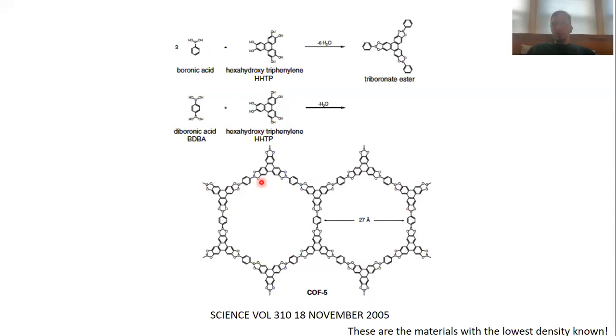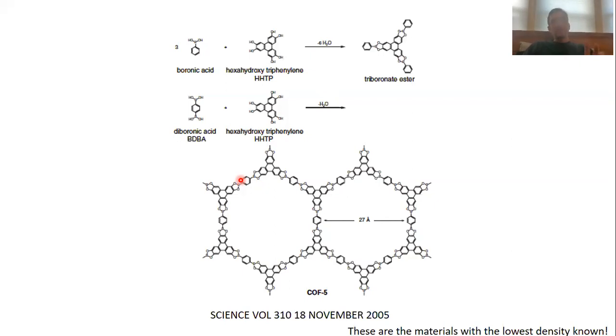Well, air contains moisture, and that moisture can relatively easily hydrolyze these ester bonds here and can relatively easily hydrolyze the boronic acid anhydride units as well. So again, you see here that the lability of the bonds, which allows you to achieve the crystallinity of the material, has the drawback that the chemical stability of these materials is not particularly high.